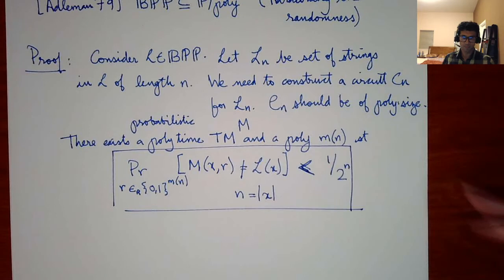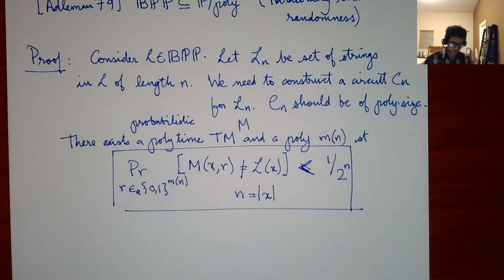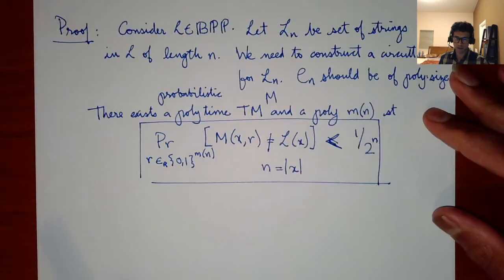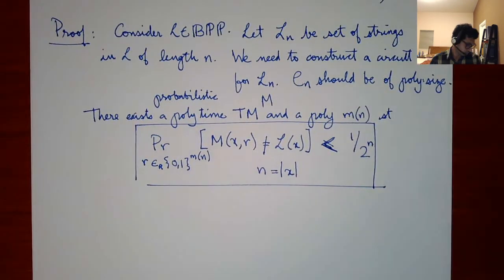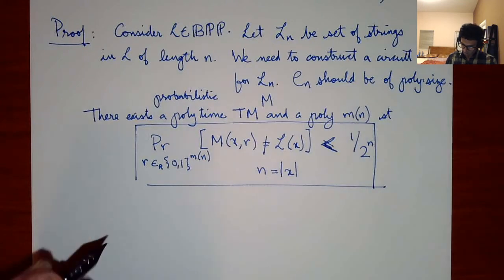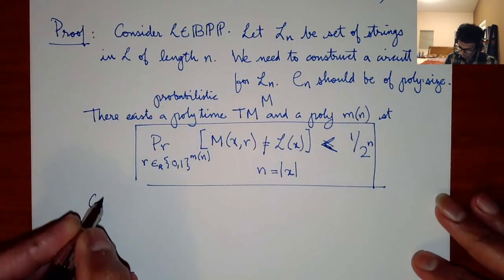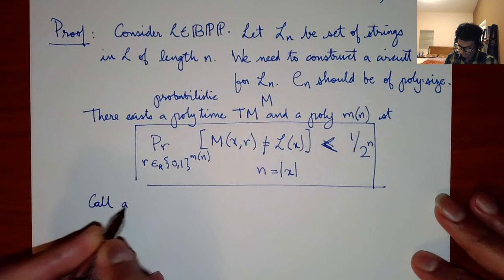This is the main property that we have, and we'll see that just by using this property and something called the union bound, we can easily find a way of hard coding the randomness. So what do I mean?